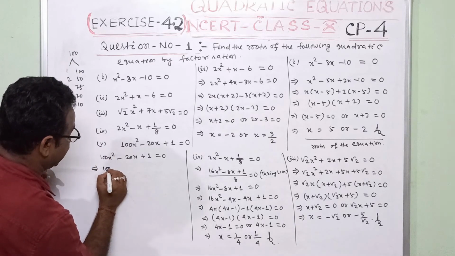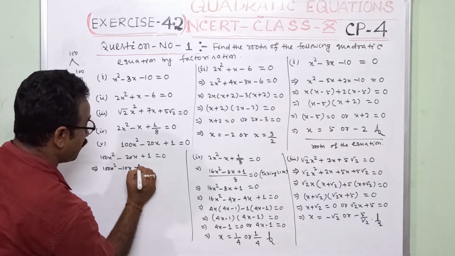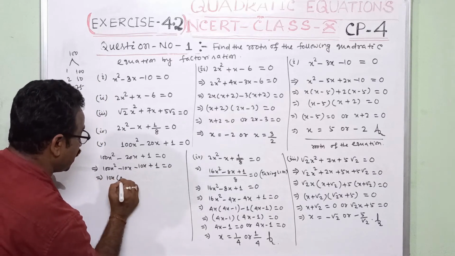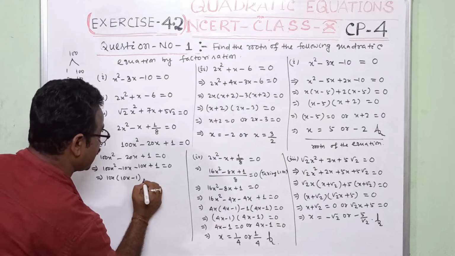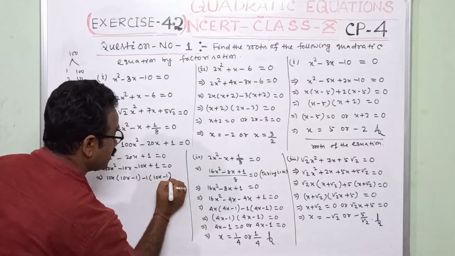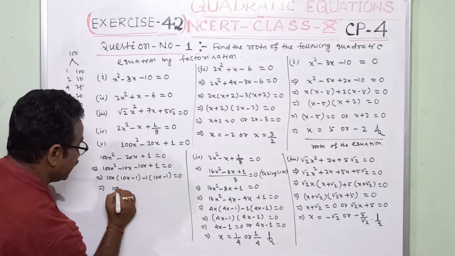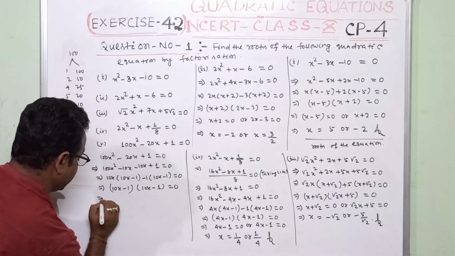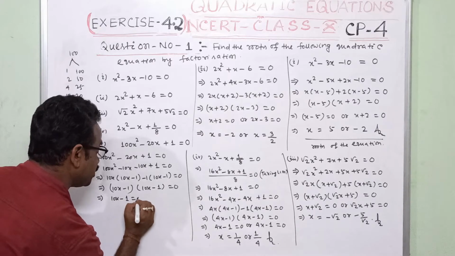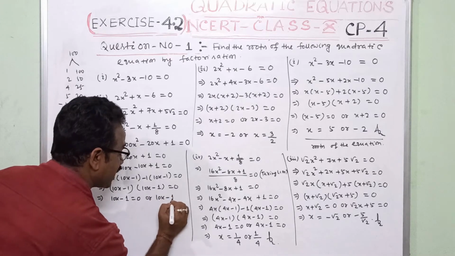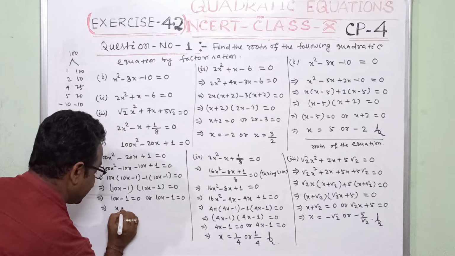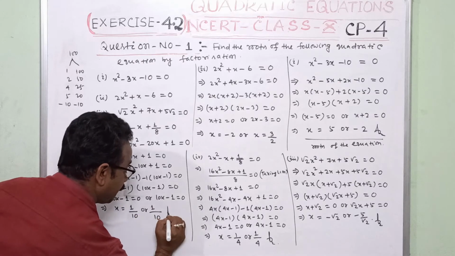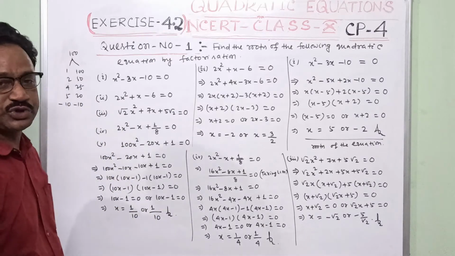So it is 100x square minus 10x minus 10x plus 1 is equal to 0, which implies 10x into 10x minus 1 minus 1 into 10x minus 1 is equal to 0, which implies 10x minus 1 into 10x minus 1 is equal to 0. That implies 10x minus 1 is equal to 0 or 10x minus 1 is equal to 0, which implies x is equal to 1 by 10 or 1 by 10. Answer.